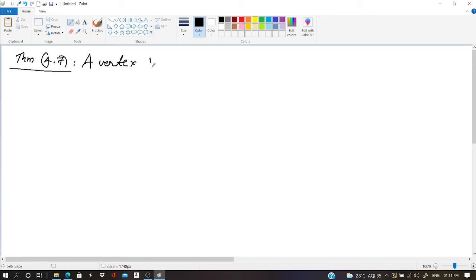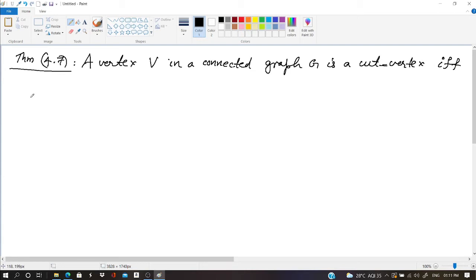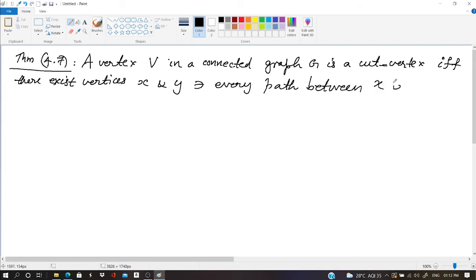A vertex V in a connected graph G is a cut vertex if and only if there exist vertices X and Y such that every path between X and Y passes through V.